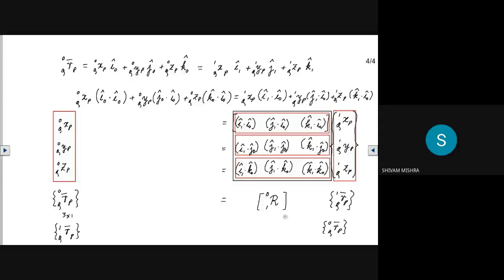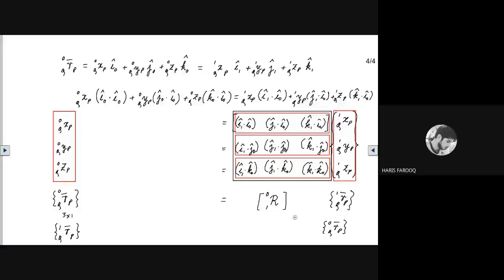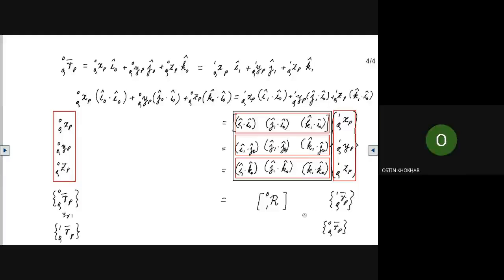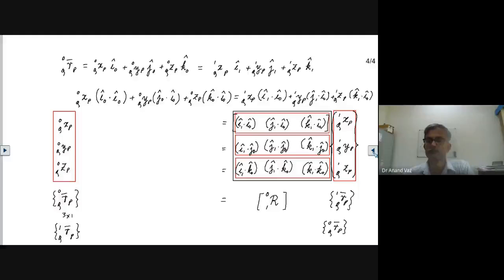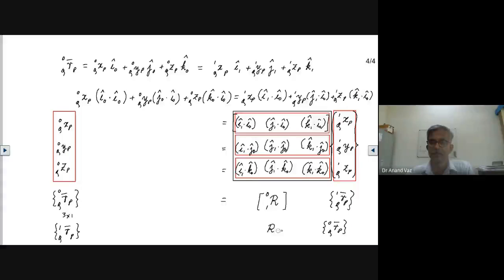So you can see we can proceed exactly in the same way as we did yesterday, but now we can write the relationship. So this relationship would become R, which is actually relating from 0 to 1.